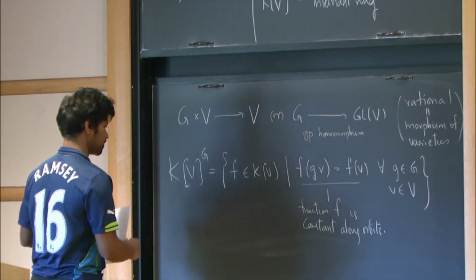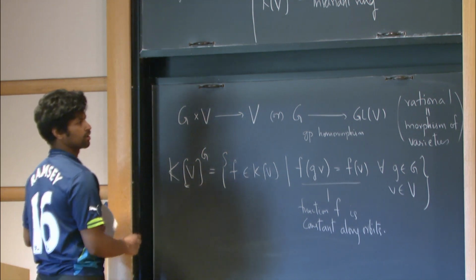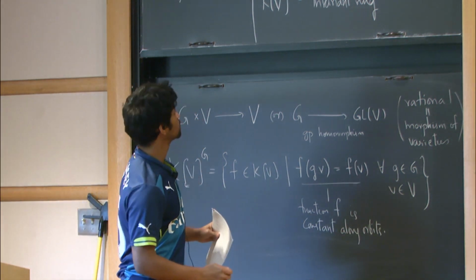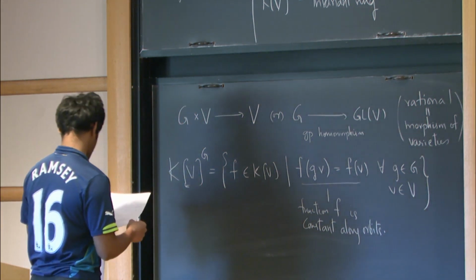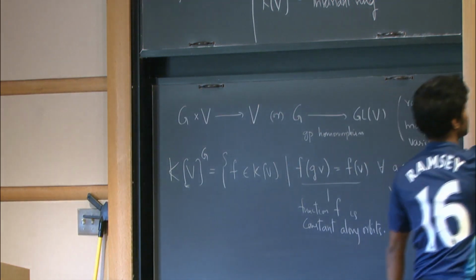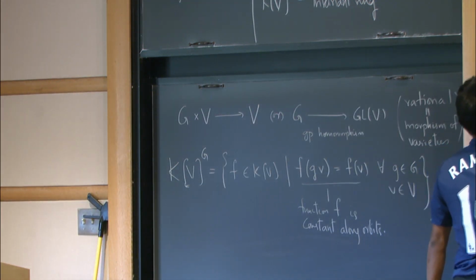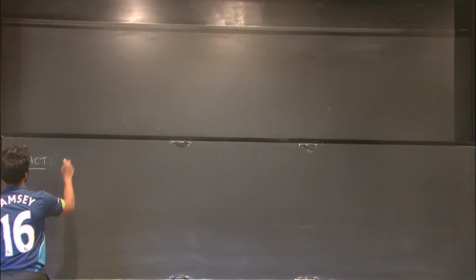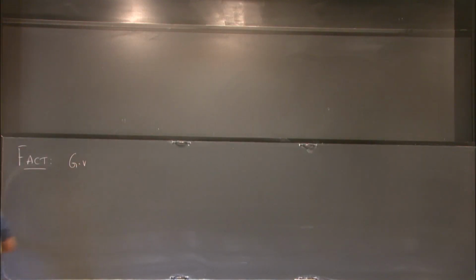Now here's a fact. Before that, let me tell you what I mean by the orbit: it is going to have notation which I will just write as G dot v, which is suggestive of itself.